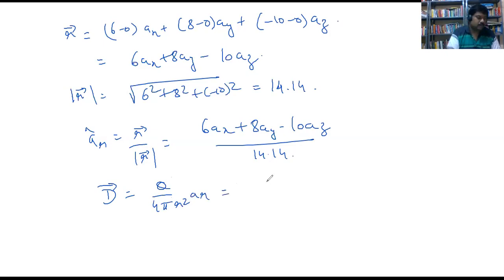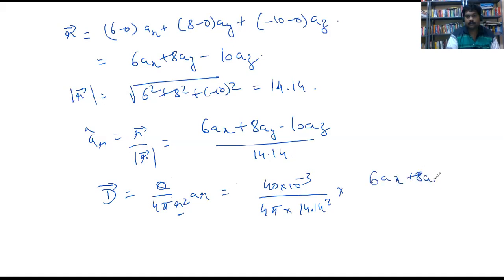Q is 40 milli, divided by 4 pi, R square is 14.14 square, into AR, which is 6AX plus 8AY minus 10AZ divided by 14.14.